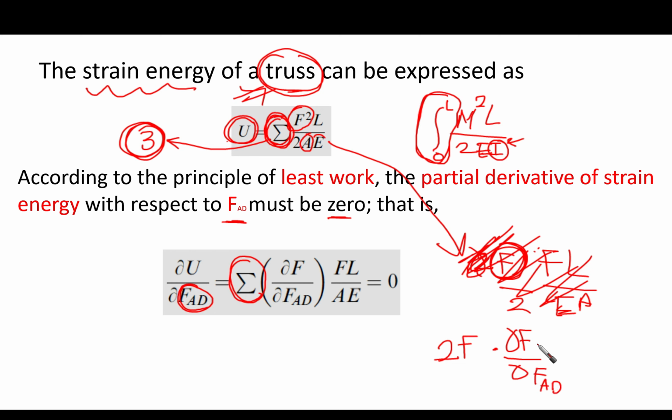The remaining is going to be the same for us. The remaining was the same, which is 2AE.